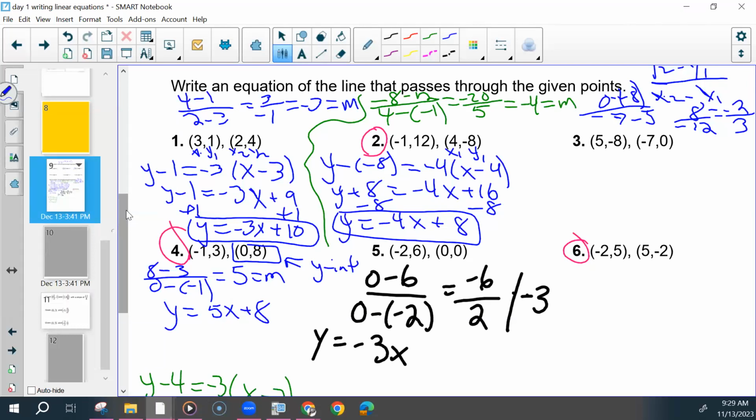Some of you saw this and thought this was your y-intercept, but this is your x-intercept. You can use that point, but that is not your y-intercept. So if you were to use that point, you have y minus 0 equals our slope -2/3, x minus -7.